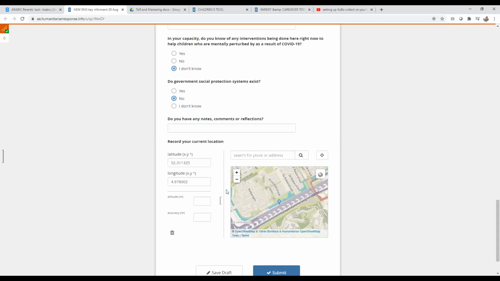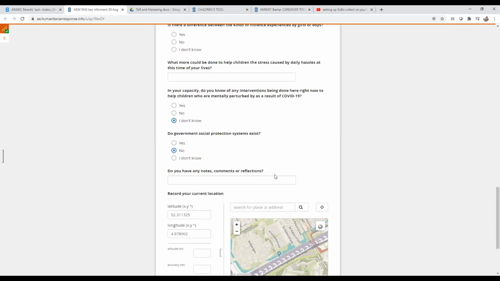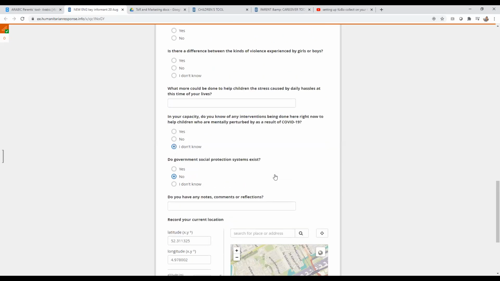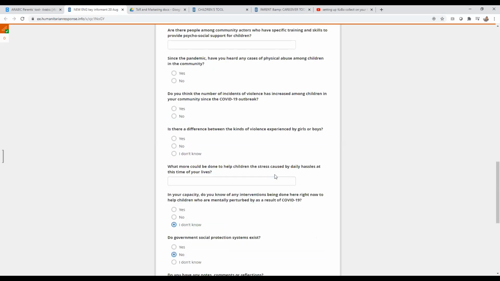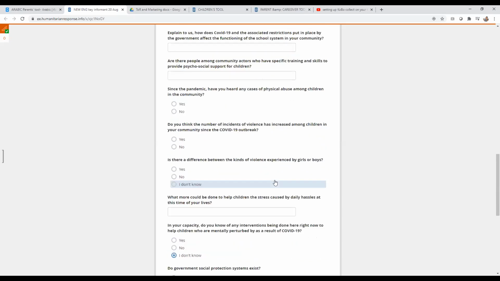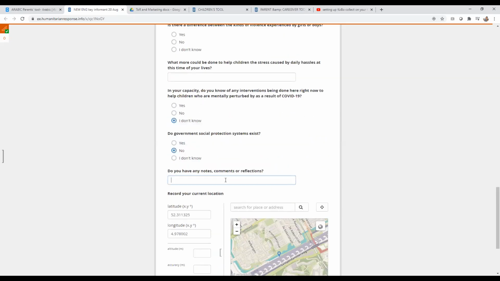Sorry, Iman, again, I have another comment. The questions are very good. In the other questionnaire for the parents, when you have any notes, there was a gray clarification that this is to reflect the enumerator's comment. Here it's not there, so it could be confused for the enumerators.